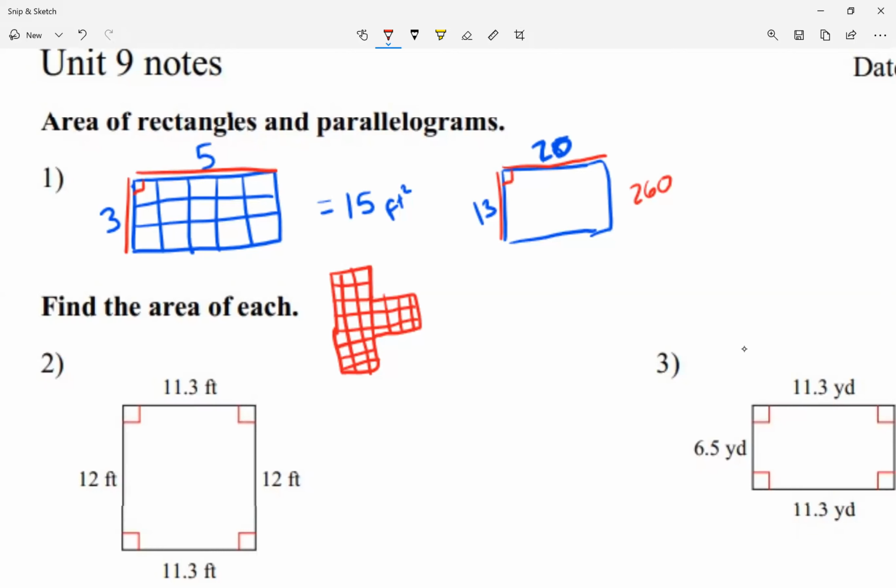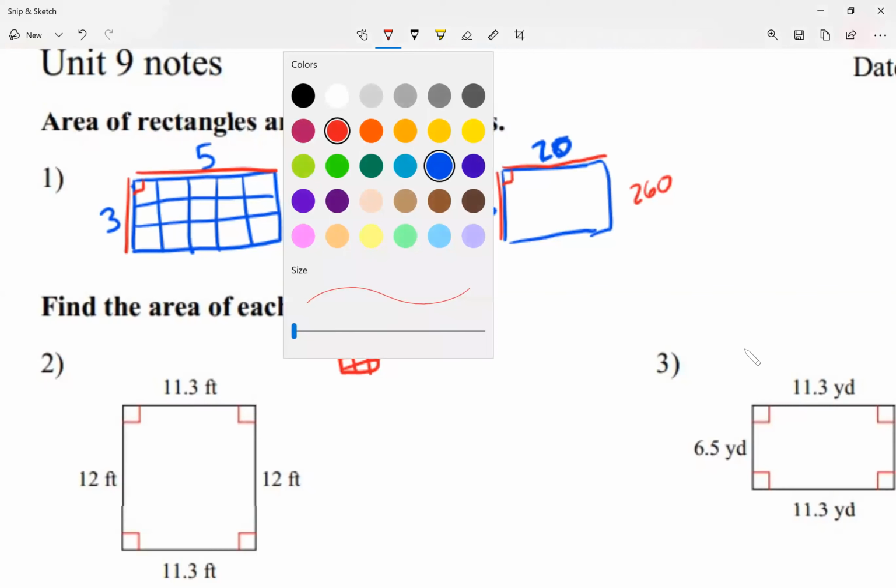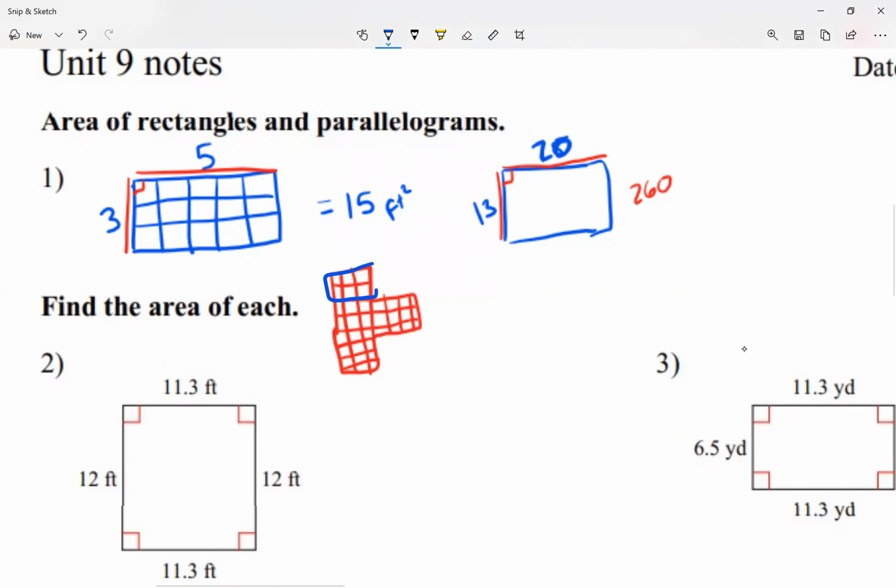We'll just count how many squares there are, and that's it. But if you see this, I could have broken this into rectangles. I know formulas for rectangles to make things easier. Just get the area of each rectangle and add them up. Okay, so that's the area of rectangles.